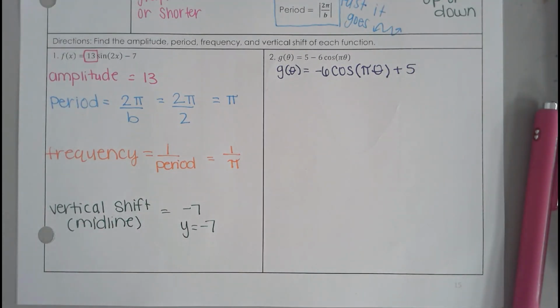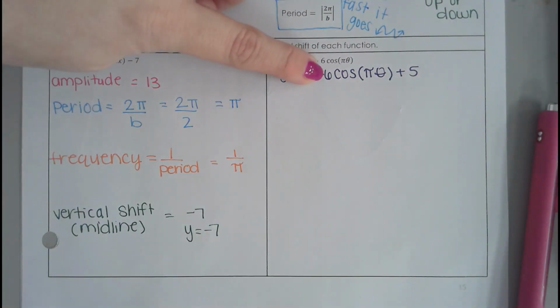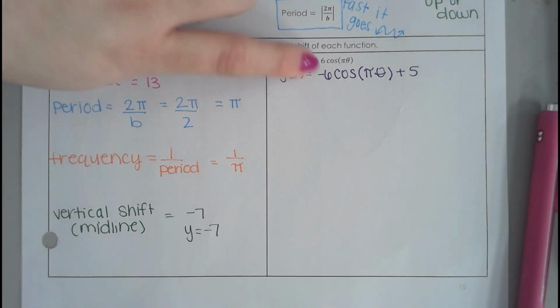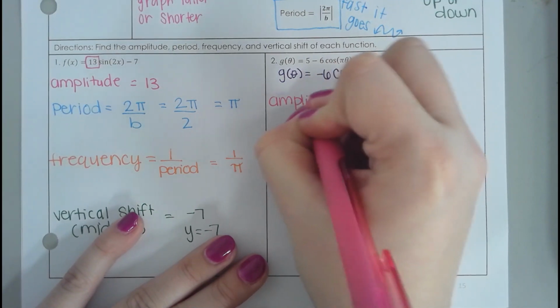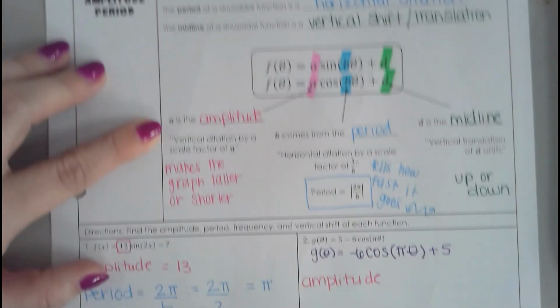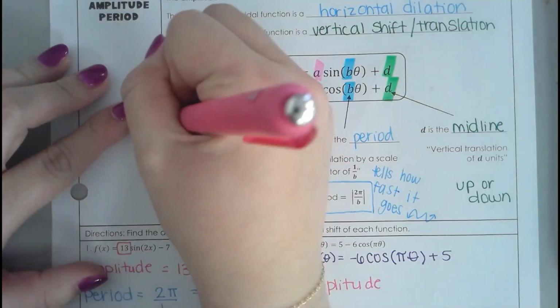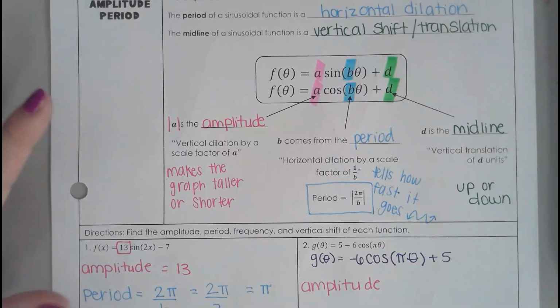Now, amplitude is a distance, so we're not looking at the negative part when we say the amplitude. I really should put absolute value bars up here, the absolute value, so the positive.